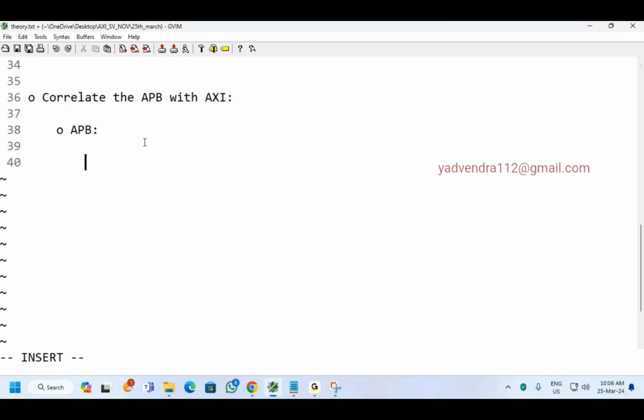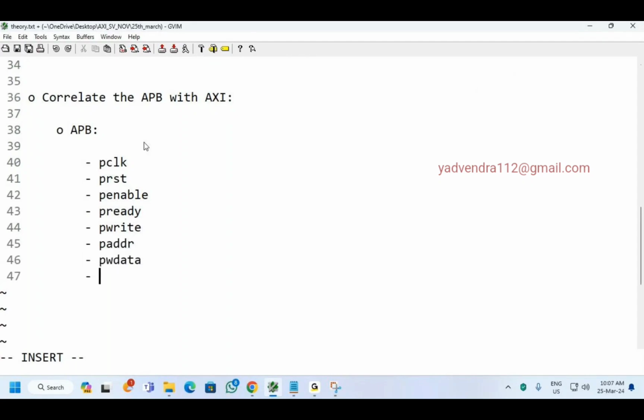So let's write them down: PCLK, PRESET, PENABLE, PREADY, PWRITE, PADDR, PWDATA, PRDATA, PSELECT, PERROR. These are the signals we have used till now.